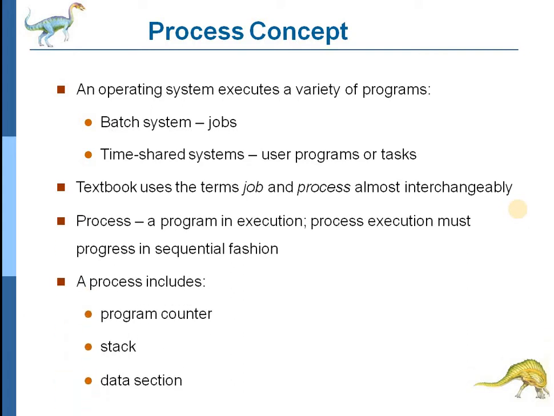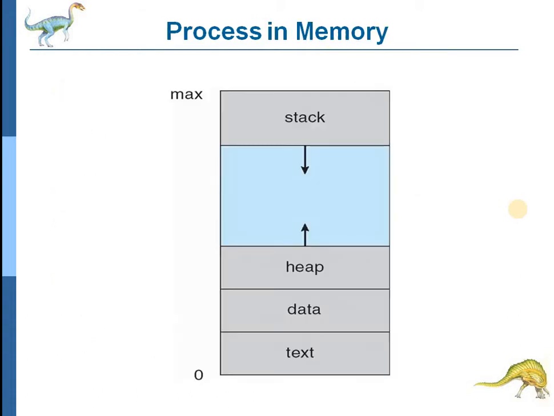A process contains different parts, that is text section, data section, heap section and stack section. It is the basic information of a process which is stored in memory.